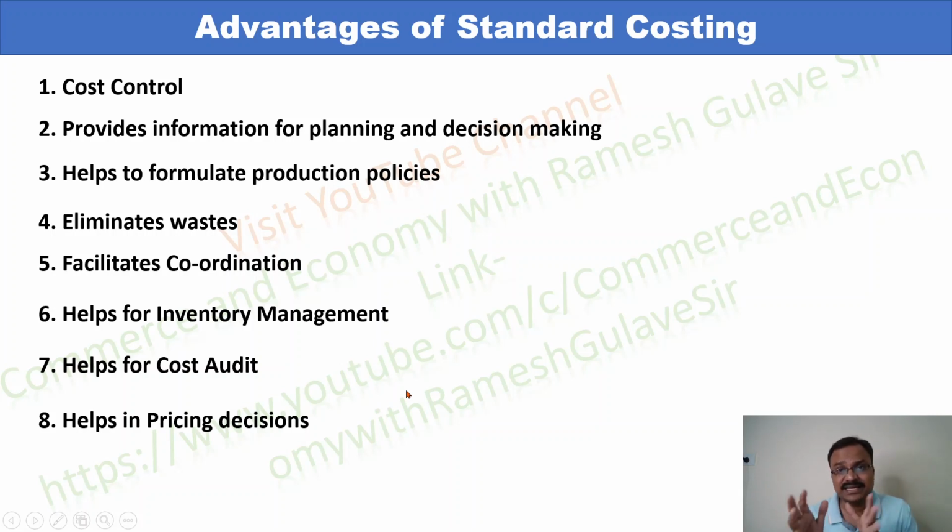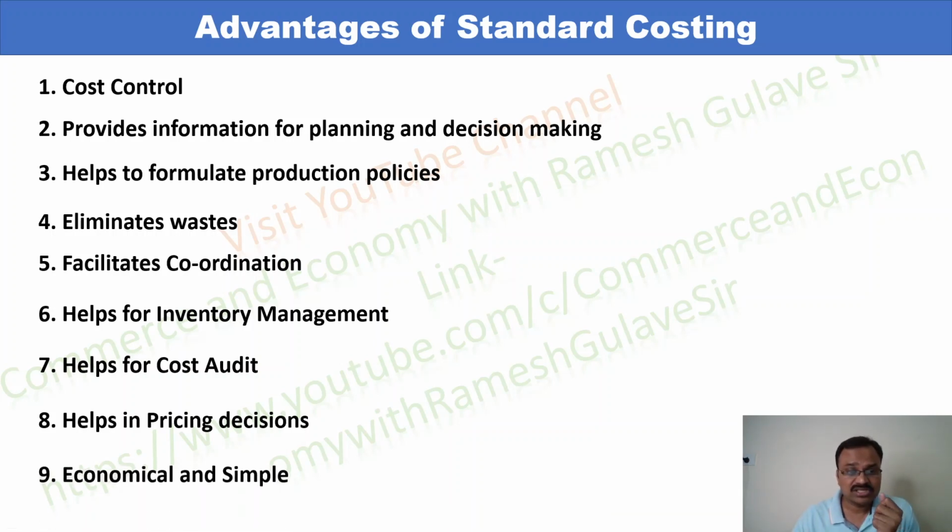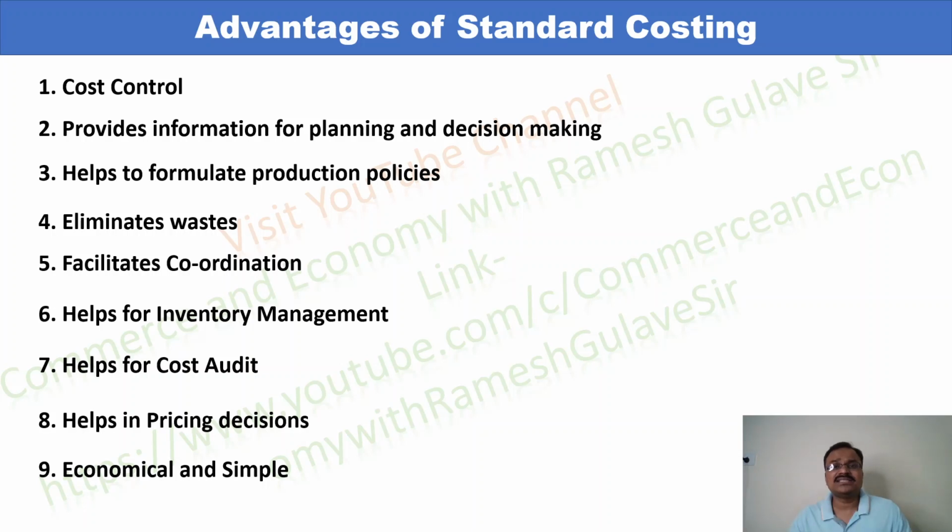We can take that decision with the help of standard costing. And the next advantage is that it is economical and simple. The technique of standard costing is economical, less costly, and very simple. Anyone can understand this technique. So friends, these are the important advantages of standard costing.